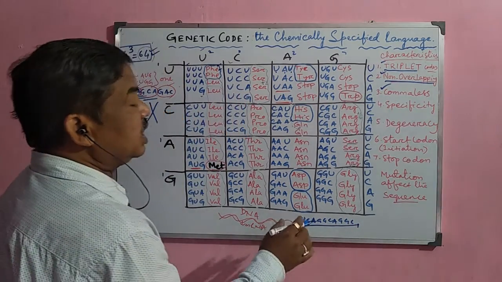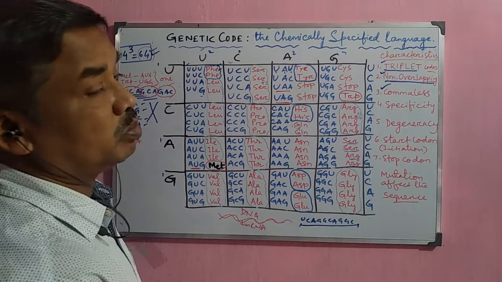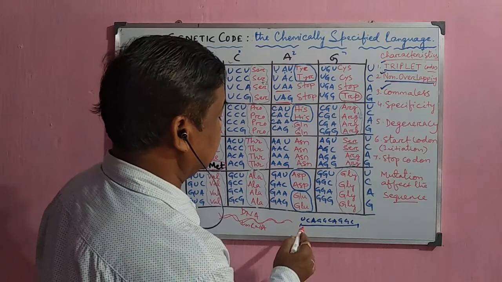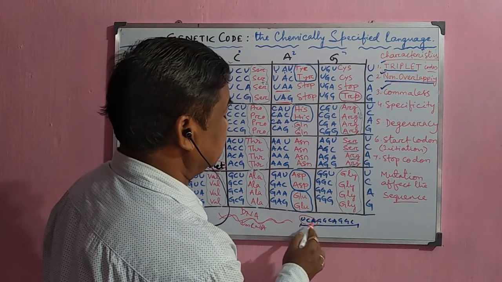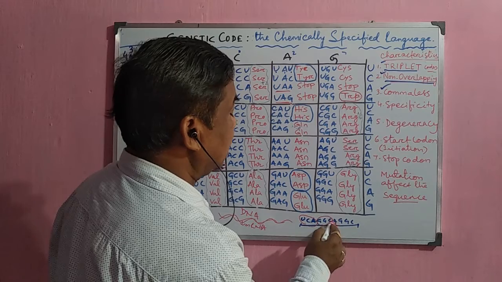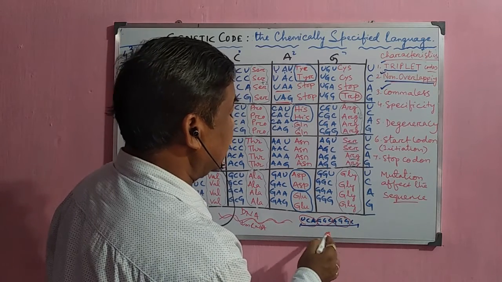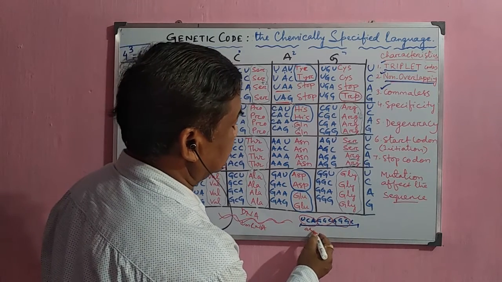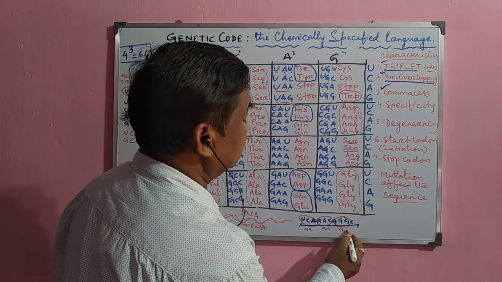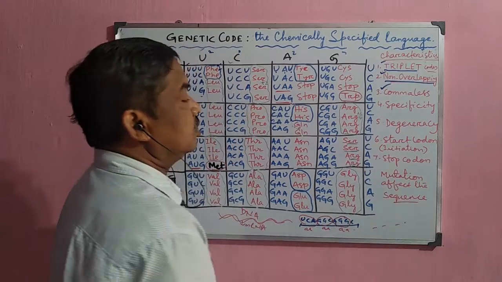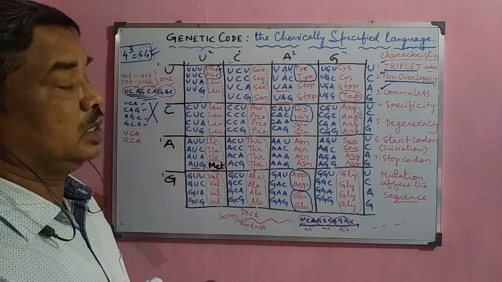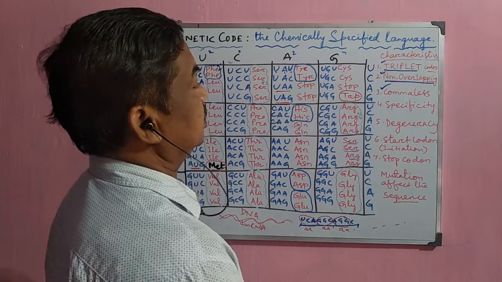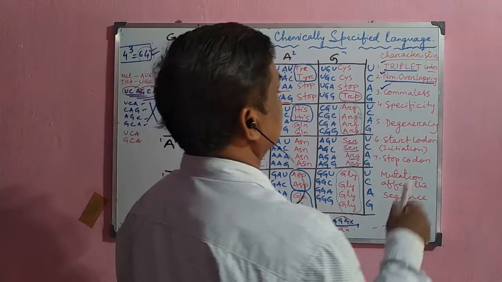There is no punctuation, neither comma nor full stop. It is continuous, 3, 3, 3, 3. Suppose this is the first 3, this is the second 3, this is the third 3. In this way, they are continuously formed and code for the different amino acids. This is the first amino acid, second amino acid, third amino acid, fourth amino acid, like this. So there is no stoppage of any amino acid or any nitrogenous base in between. So that is why it is called commaless.